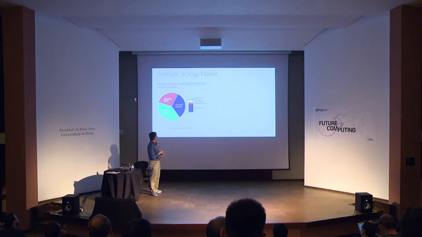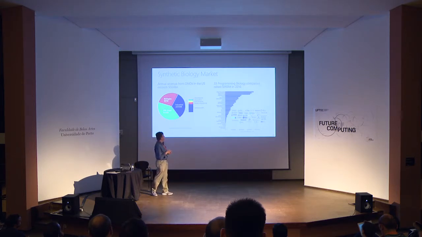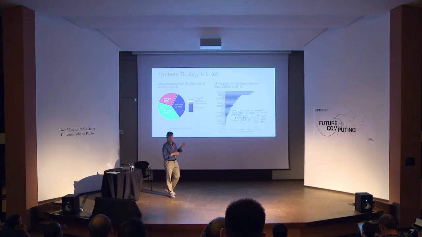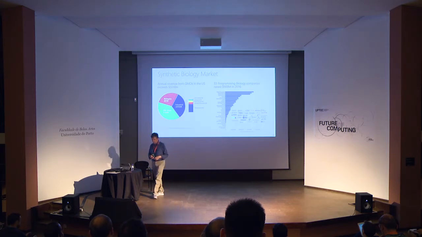So this is going to be a huge market, and these are the startups. This is a list of the startups as of maybe a couple of years ago. Some of them I've never heard of, so maybe they've disappeared, but some of them are quite well known, like Ginkgo Bioworks and Twist Bioscience, which do DNA synthesis. So there is an incredible amount of activity in this area.